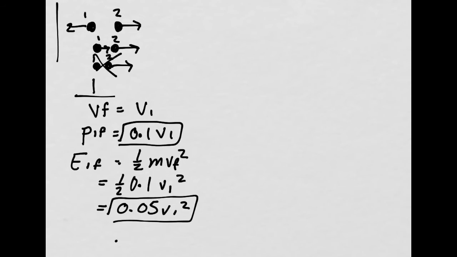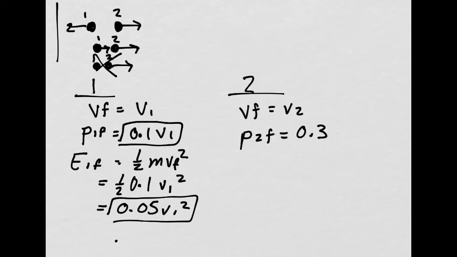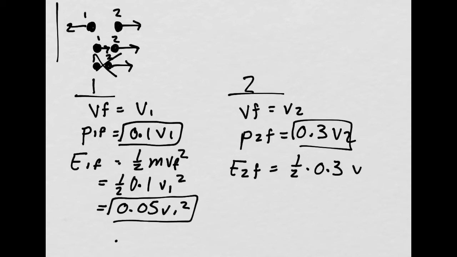Ball 2, VF is V2. P2F is 0.3, because its mass is 300 grams, times V2. And its energy is 1/2 times 0.3 V2 squared. So that is 0.15 V2 squared.